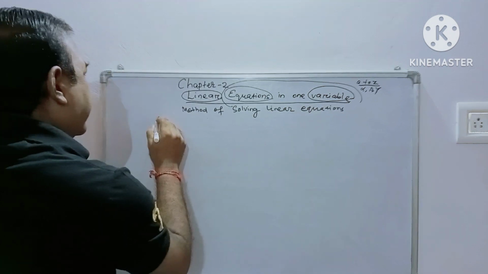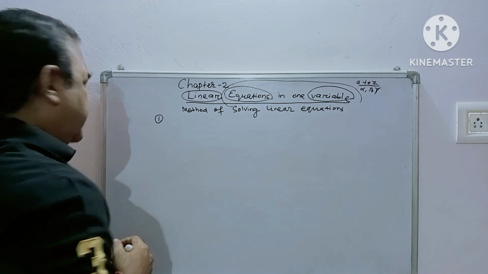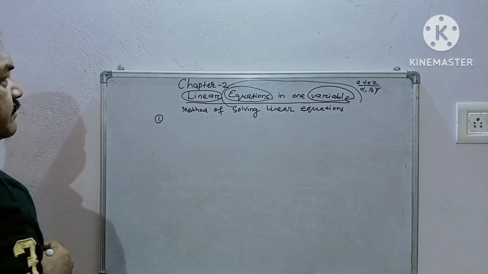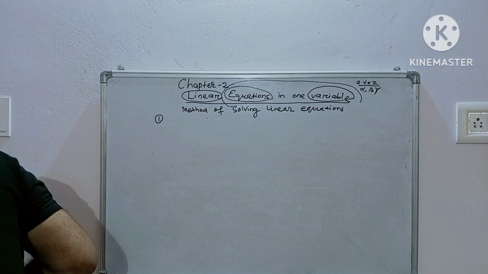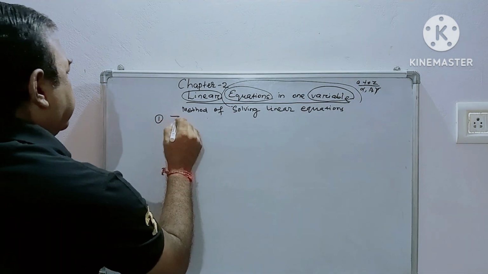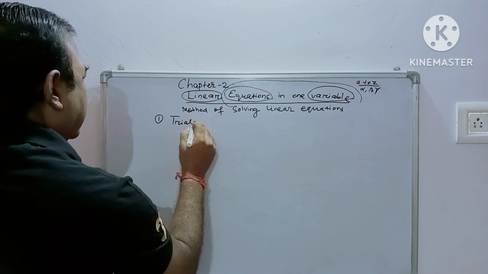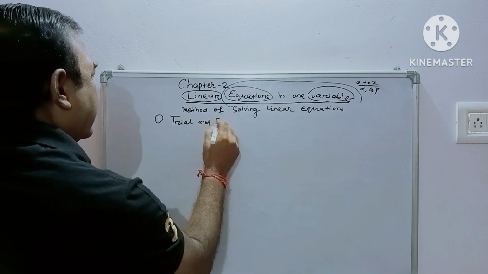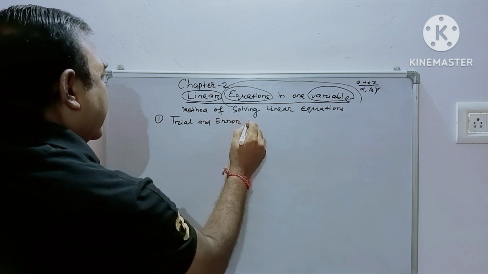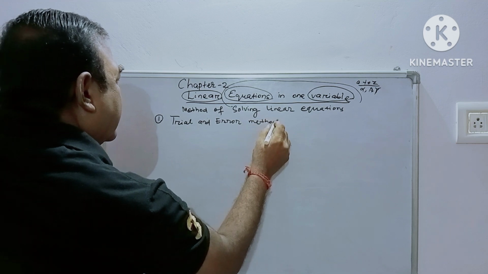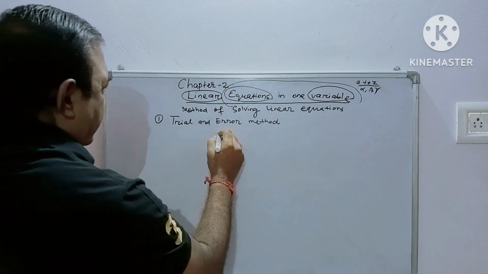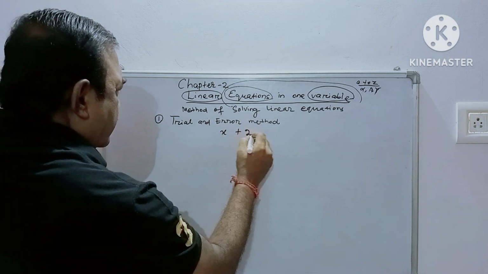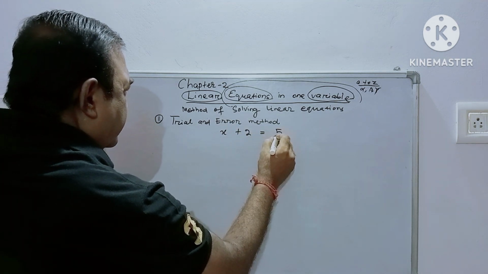When you are learning, suppose in class 6, when you are just learning, how do you do it? You see, the trial and error method. That means suppose it has been told x + 2 = 5.